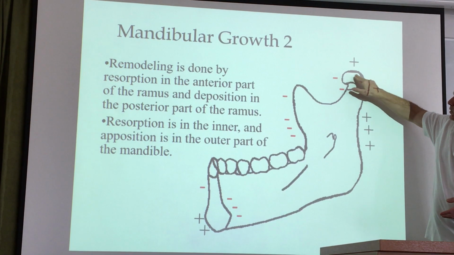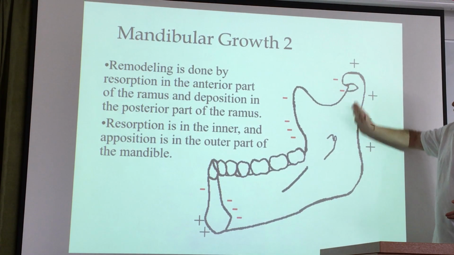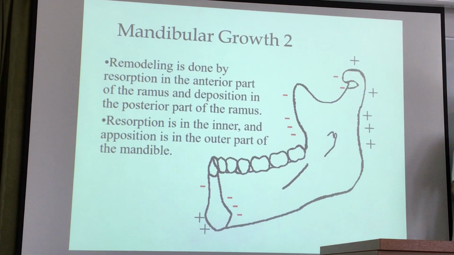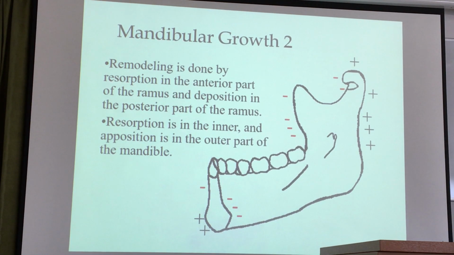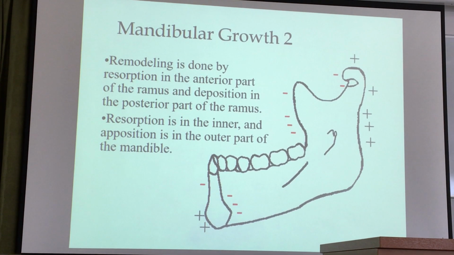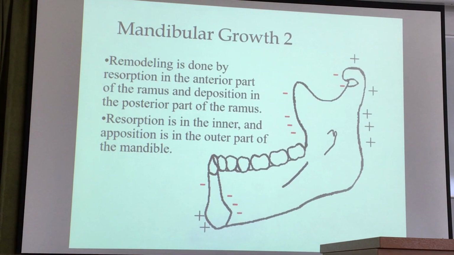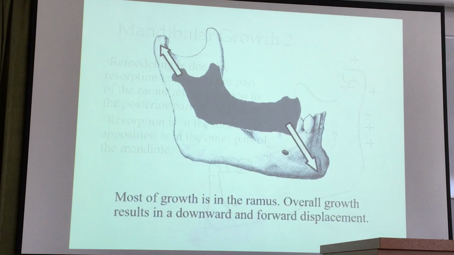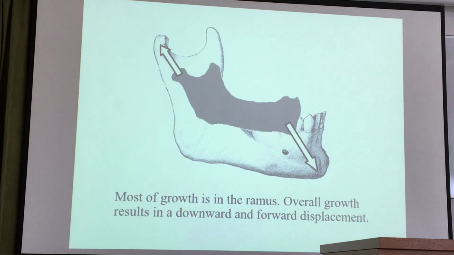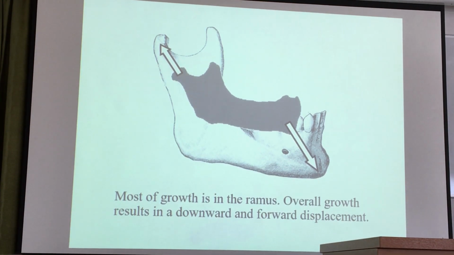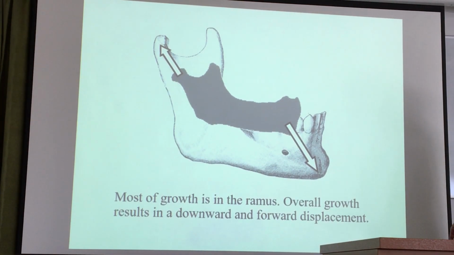This cartilage growing is responsible for one third of the growing of the whole range, okay, one third. But the other two thirds is the responsibility of the intramembranous growing.